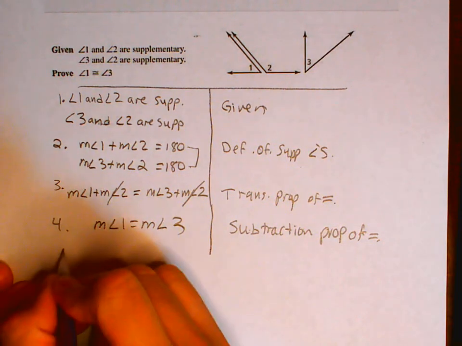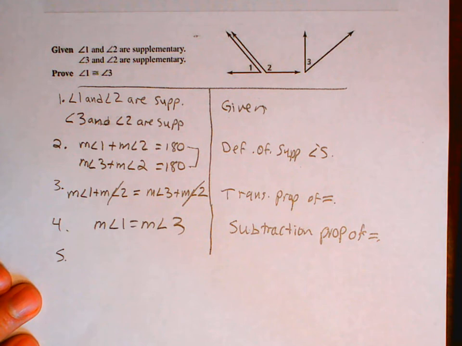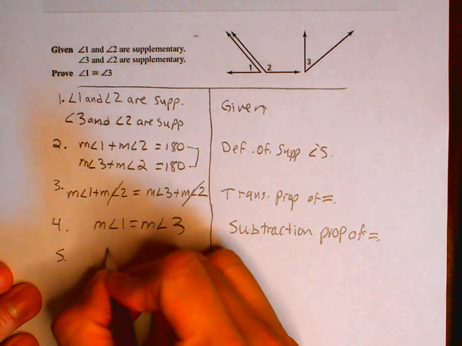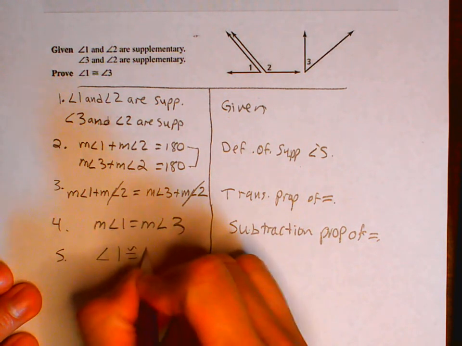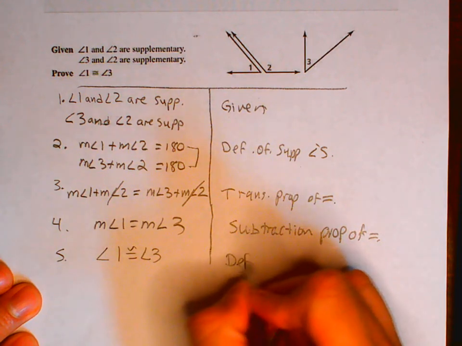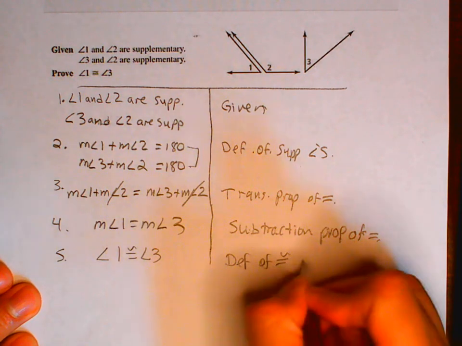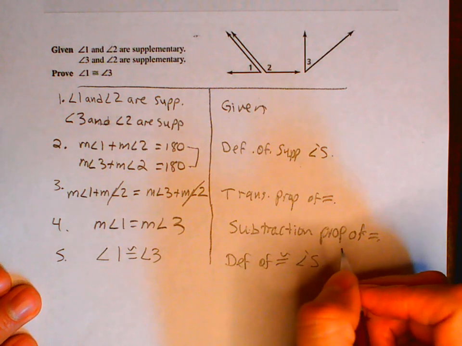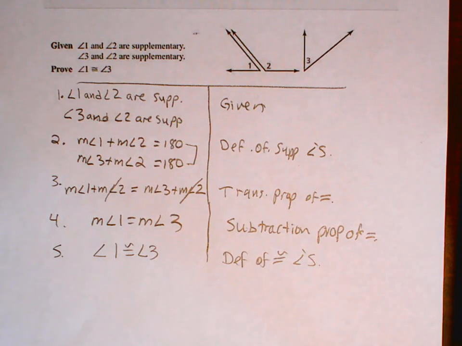Now, because those two have equal measurements, that implies that those angles are congruent, by the definition of congruent angles. Hence we have now proven the congruent supplement theorem.